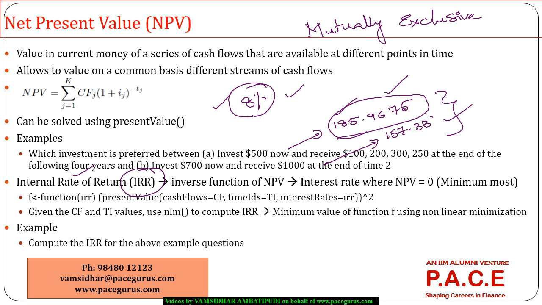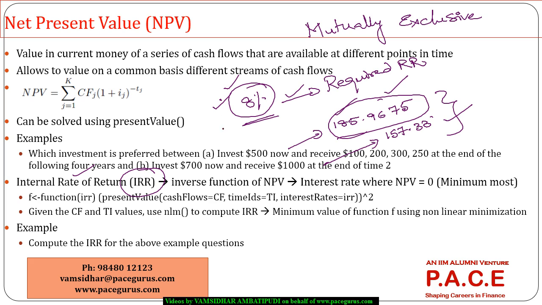So this 8% is called the required rate of return. I as an investor require 8% return on any investment that I am making. So considering this 8% as the required rate of return, the NPV is computed as this and this.